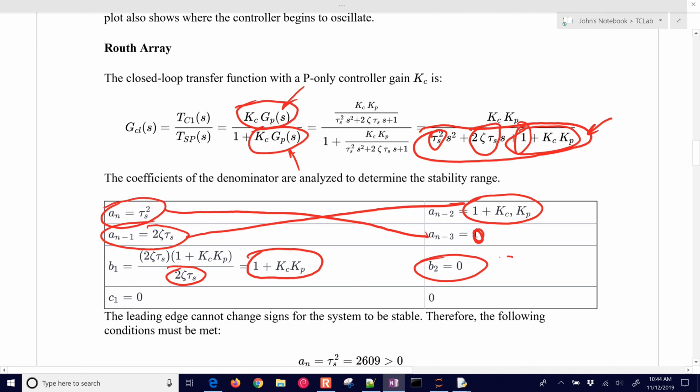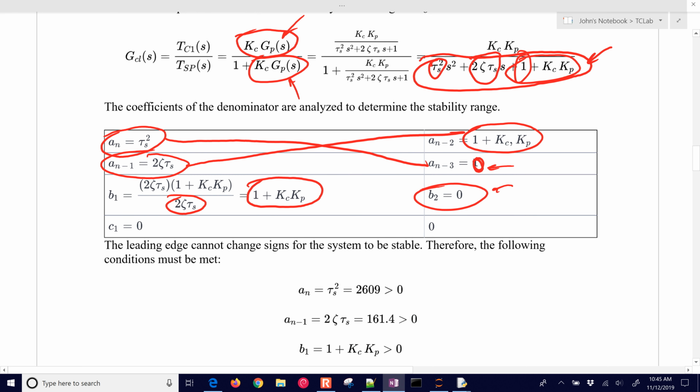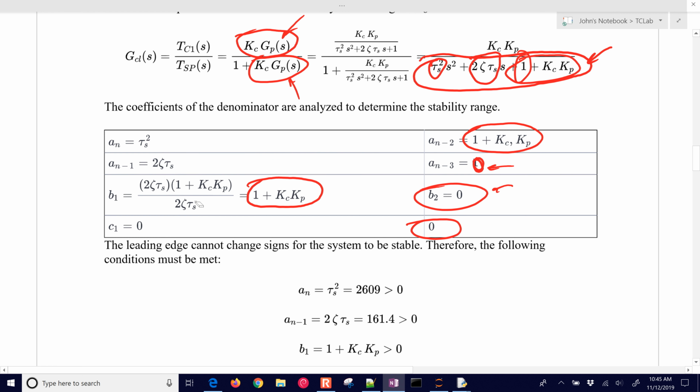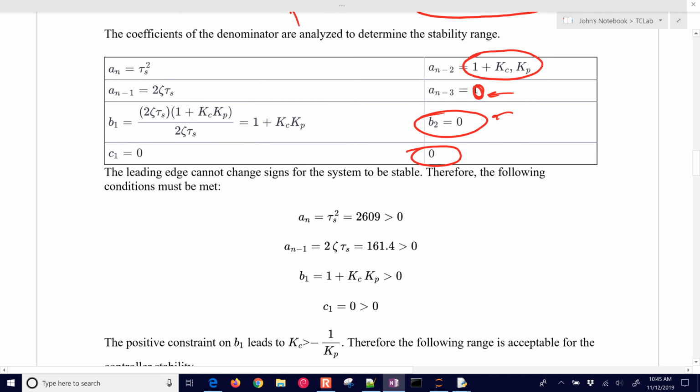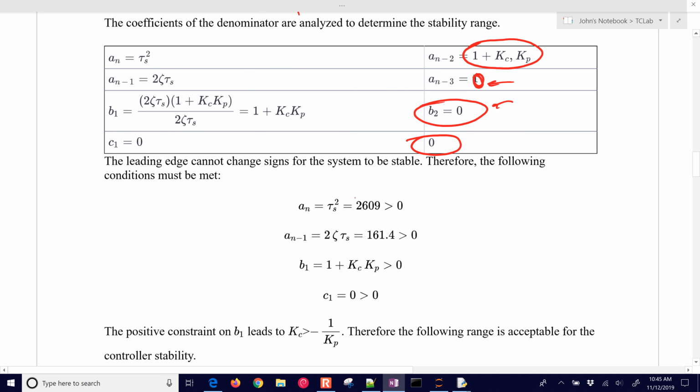I had it correct here, but just not correct there. I'll fix that. And then on down, we do have zeros beyond that. Alright, so this leading edge right here on the left, that cannot change signs. And so in this case, the very first one is greater than 0. So the second one has to be greater than 0 as well. And the third one has to be greater than 0.